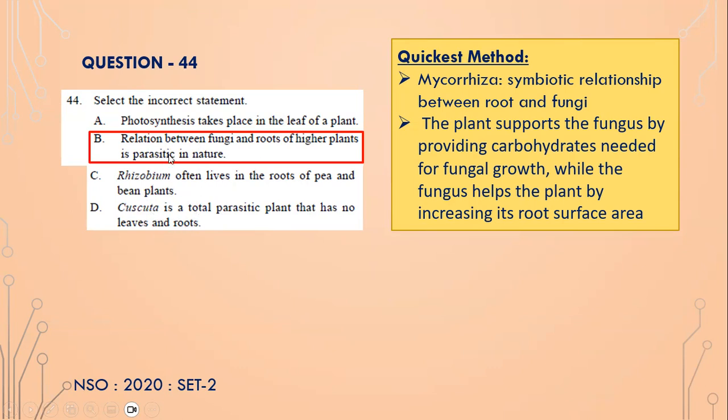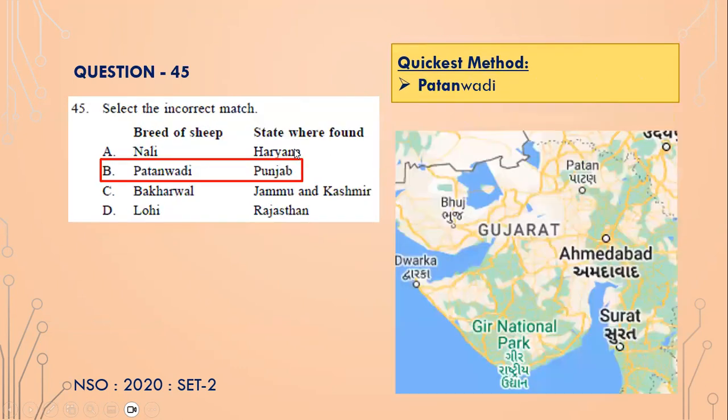The only incorrect one is that the relation between fungi and roots of higher plants is parasitic in nature, which is untrue. It is symbiotic in nature. They help each other. The plant supports the fungus by providing carbohydrates, and the fungus helps the plant by increasing the root surface area, so that the plant can absorb more water and nutrients.